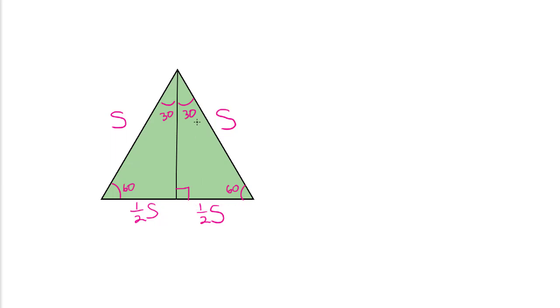How would I go about this? Well, I know the height, if this side on the base here is 1/2 s, the altitude here will be √3 times that, or √3 s divided by 2. That is my height. Now I can calculate the area. The area of any triangle is 1/2 base times the perpendicular height. In this case, that's 1/2, my base is s, if I consider the entire base, times my height, which is √3s over 2.